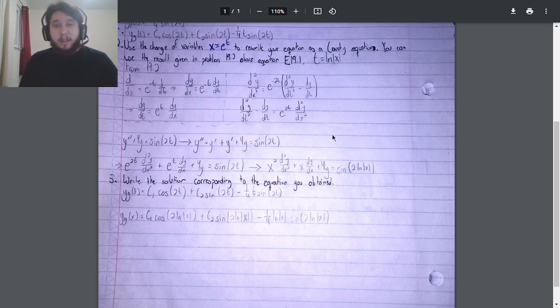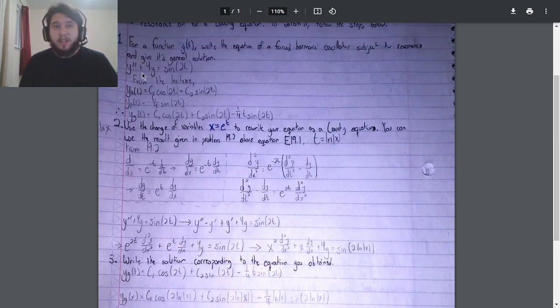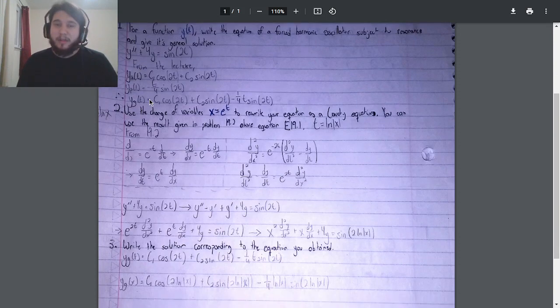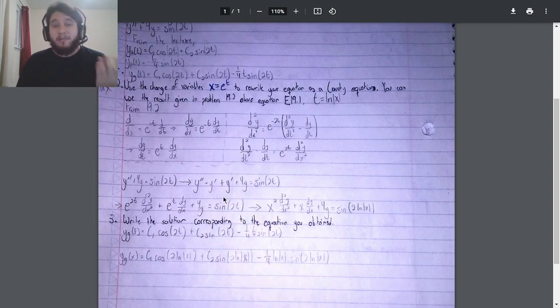Now, since we do not have the first derivative of y with respect to t in our original equation, what we can do is simply subtract it and then add it back. Minus the derivative plus the derivative of y would just equal 0, so it doesn't change the equation at all.